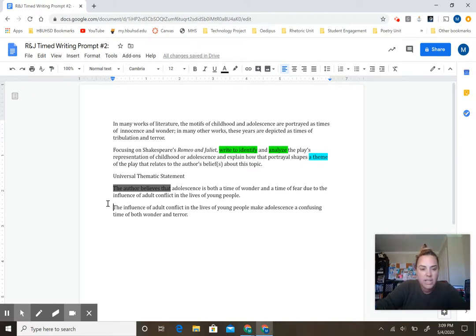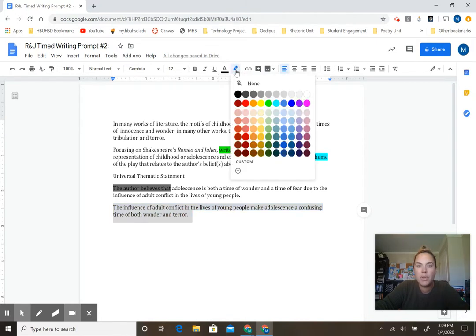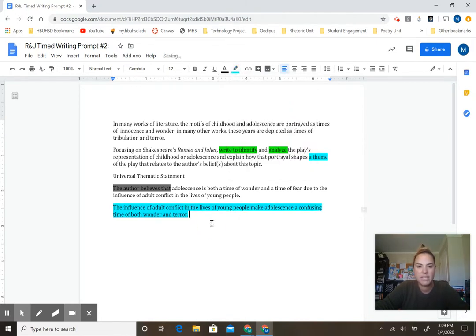I'm going to highlight this in blue because this is going to be our theme, which is our thesis statement. Our thematic statement needs to be our thesis statement. Those two things are related together because our essays are examining the themes in literature.